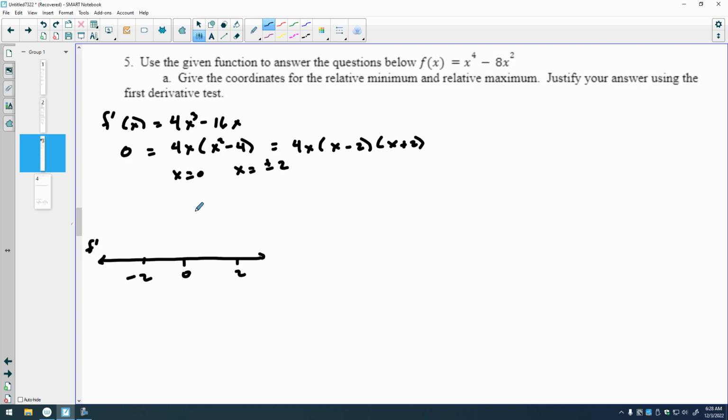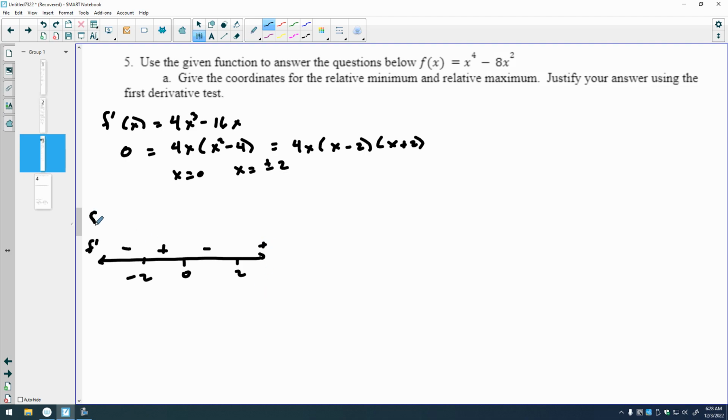So negative 3 makes that negative, makes that negative, makes that negative. We get a negative. Between negative 2 and 0, like negative 1: negative, negative, positive. Negative times a negative times a positive is a positive. None of these factors are squared, so I'm pretty confident these just switch signs.